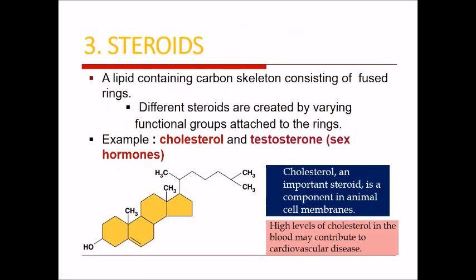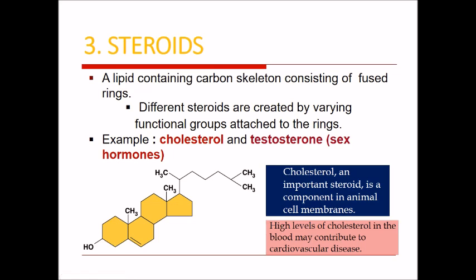Next group of lipids are steroids. So steroids have carbon skeletons consisting of a few rings over here, as you can see, and different steroids have different functional groups attached to their rings. The two common types of steroids are cholesterol and also testosterone.